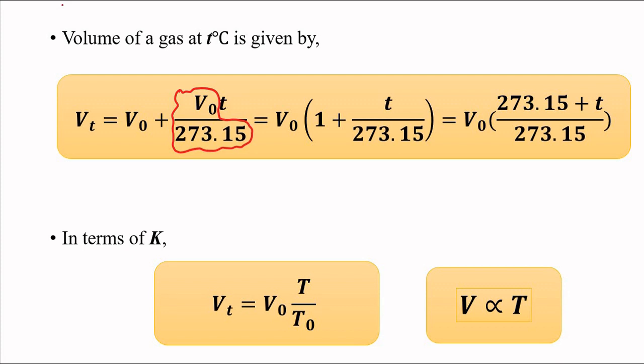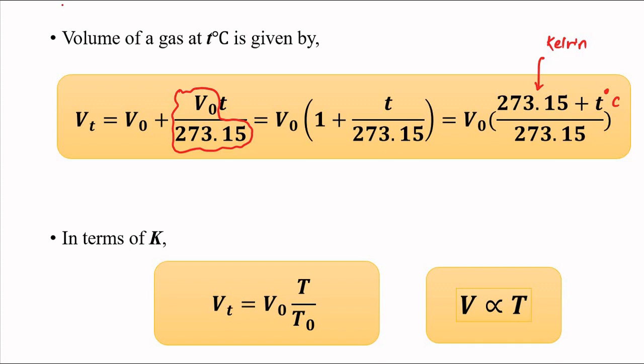And again here, 273.15 plus T degree Celsius is the temperature in Kelvin. If you have to convert Celsius to Kelvin, we simply add 273.15. So here this volume Vt can be written as V0 into capital T by capital T0, where these temperatures are in Kelvin.